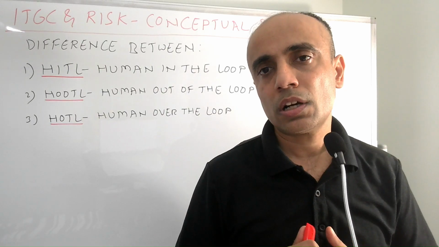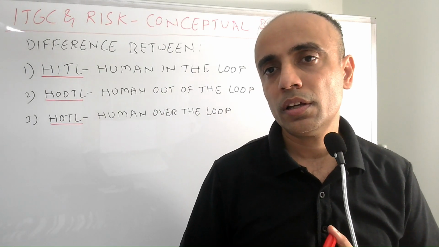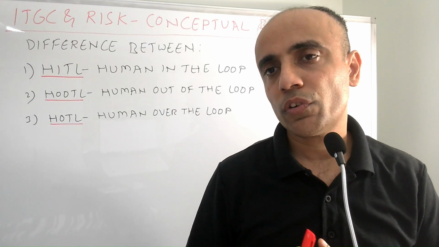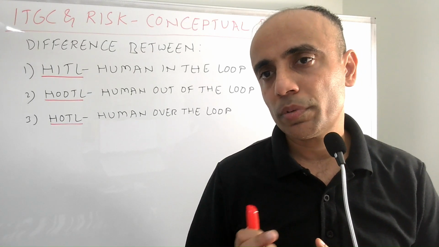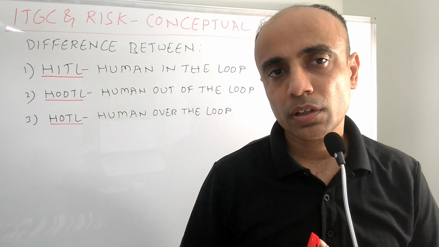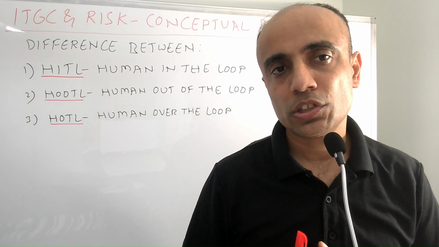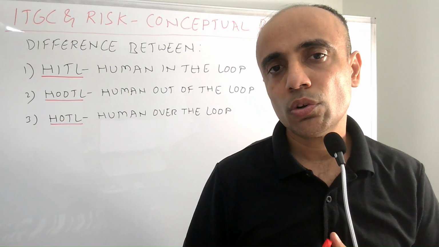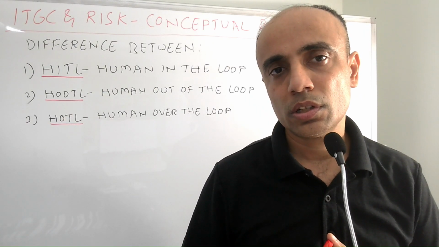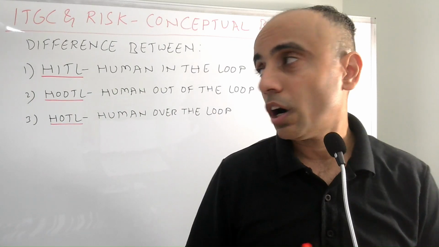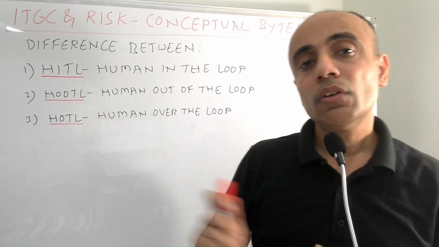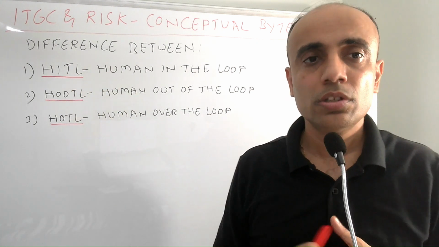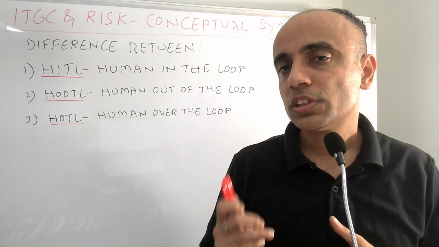And the concept is around the difference between human in the loop, short form HITL, HOTL, which is short for human over the loop, and HOOTL, which is short for human out of the loop. So we'll understand the difference between these three terminologies through simple examples.